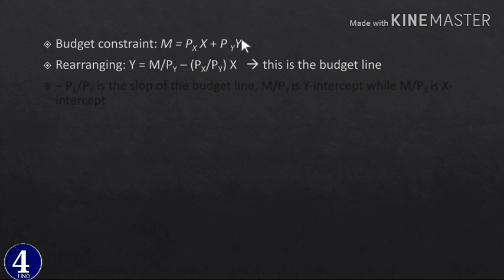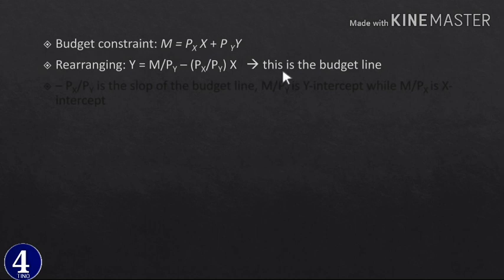So what about the budget line? Rearranging this formula for y, making y the dependent variable and the other the independent variable, what happens? px and x go to the other side and become negative, then everything is divided by py. So y is going to be equal to the amount of money that we have, which is income, divided by the price of y, minus price of x divided by price of y, times x.